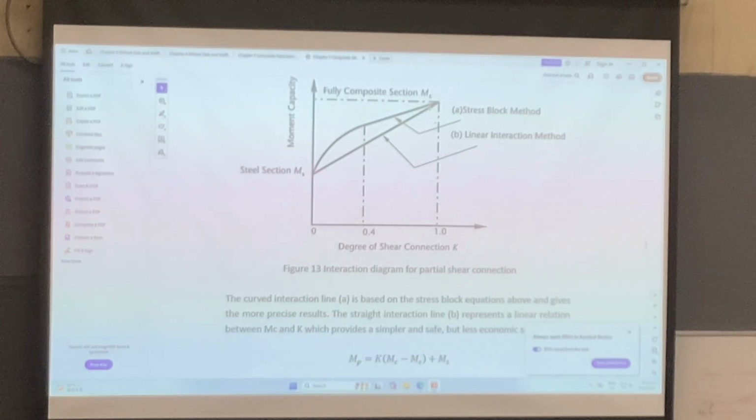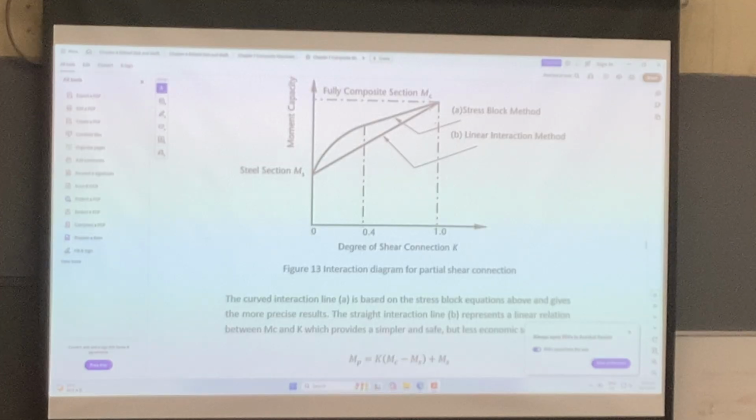Okay? So basically, this value is equal to MC minus MS. This is the full moment capacity. This is the shear capacity, but this is steel capacity. Okay? So this is the value K. This is equal to 1. This is equal to N.